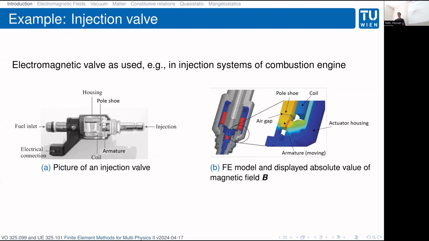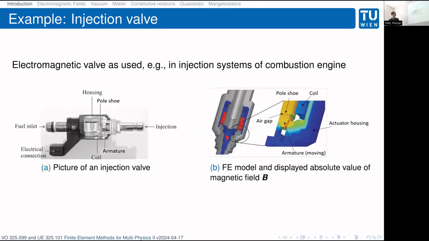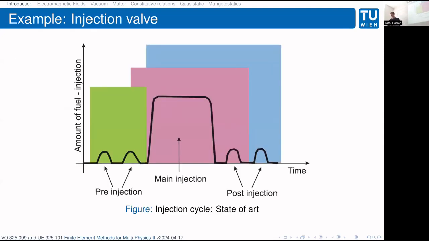So we have an interaction between the magnetic fields that produce forces that lead to part movement and deformations, so the mechanical field, and of course, if we consider an acoustic fluid, also the acoustics outside. The injection valve in general is quite complex. You have some pre-injections, you want to do a main injection, then some post-injection. And so this is a highly dynamical process.